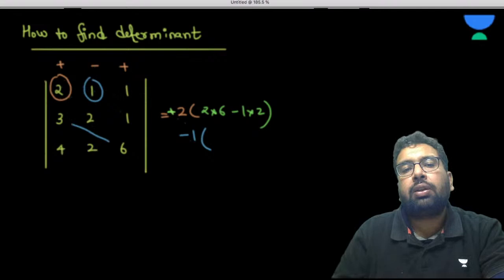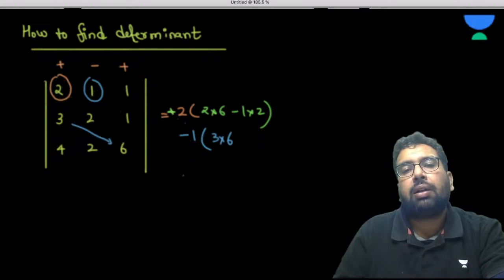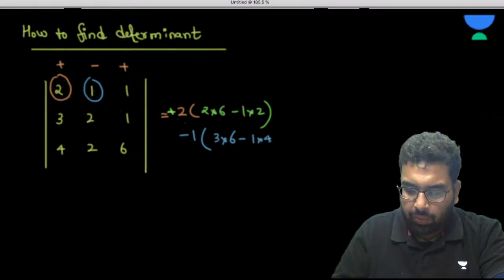So 3 into 6 minus 1 into 4. Now the third one is with plus 1. I hope you come to understand this. So 3 into 6 minus 1 into 4.